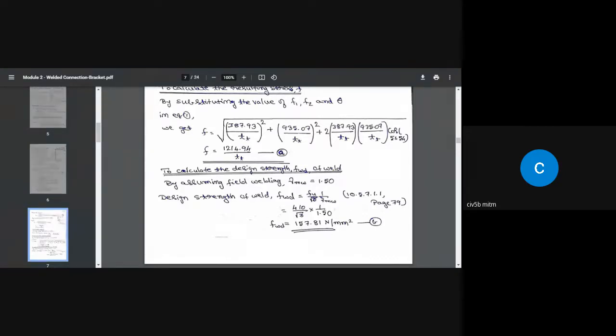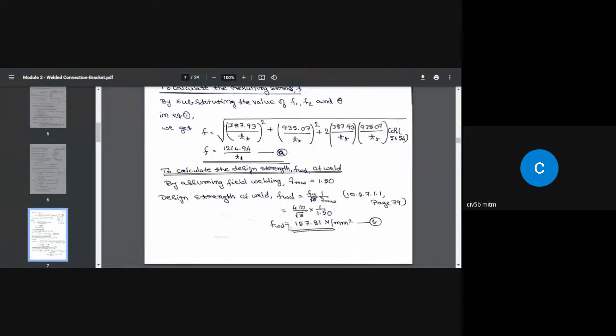Next, let us find out the design strength of the weld. The design strength of the weld is fwd, which is given by fwn divided by gamma mw, where fwn is fu by root 3. So fu is 410, and root 3, by assuming the yield value, we can take gamma mw equal to 1.50.